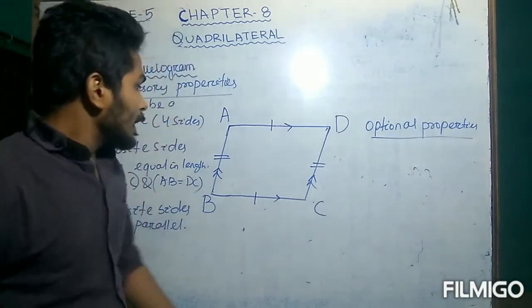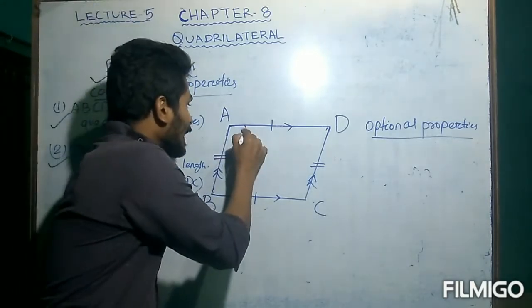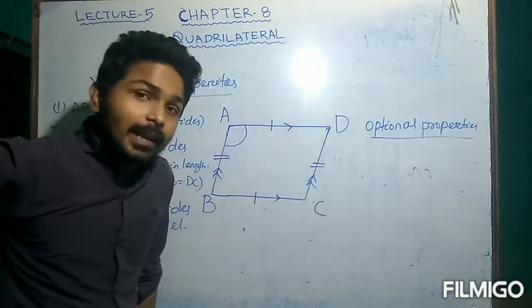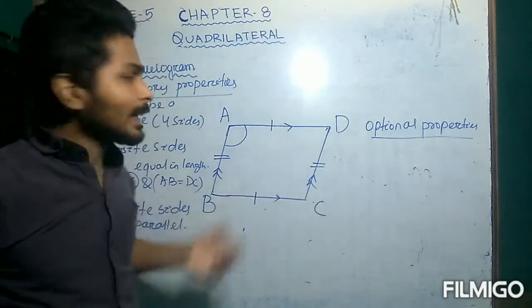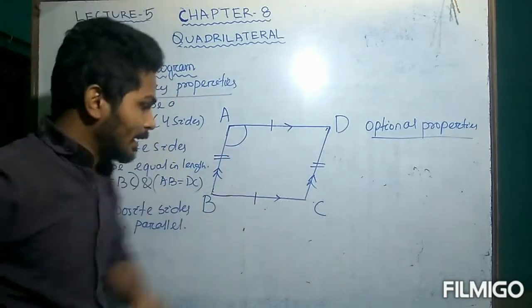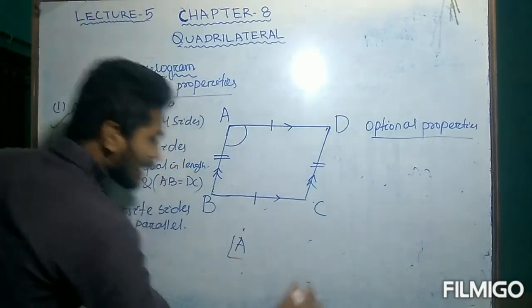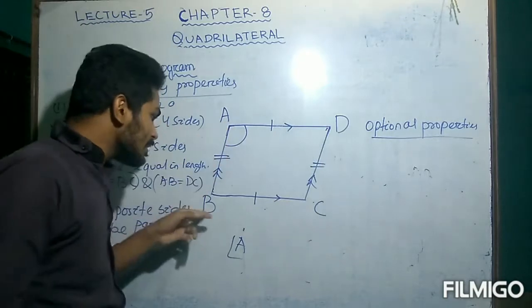See, in a parallelogram, as you can see, for angle A, tell me which are the consecutive angles of angle A. Which two are consecutive angles of angle A? I am talking about angle A. Now, angle A has two arms, this arm and this arm.